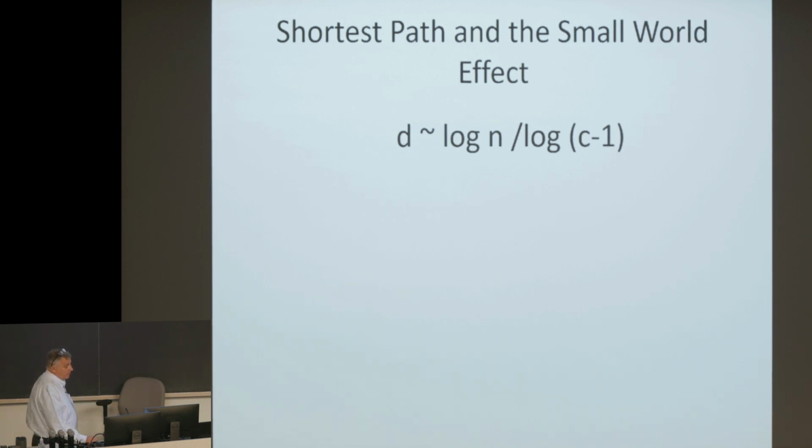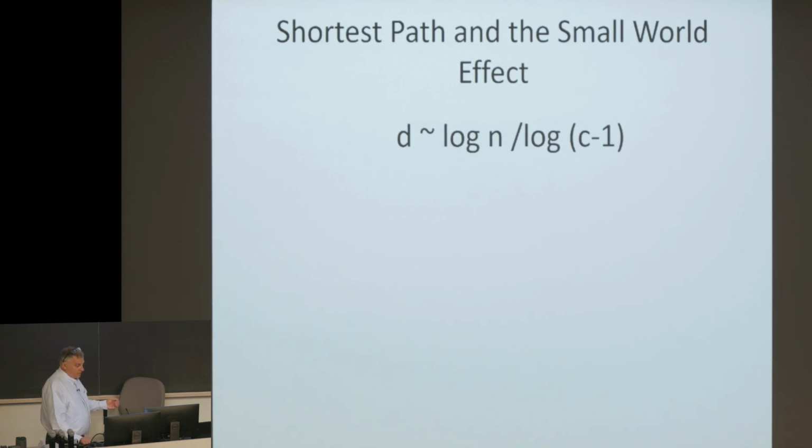This shortest path scales like the logarithm of the number of nodes, because any network which is sparse, for which the density rho is very small, is locally basically a tree, since there is a very small probability that two neighbors of the same node will be linked.